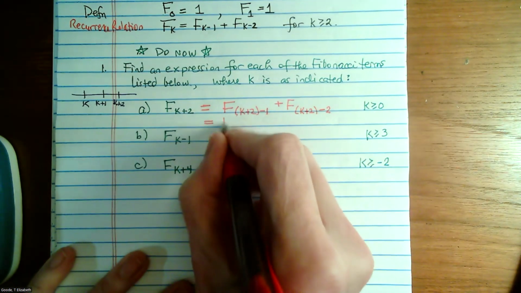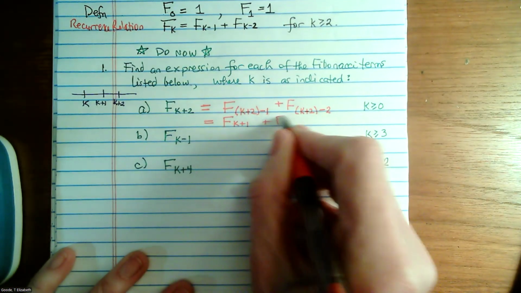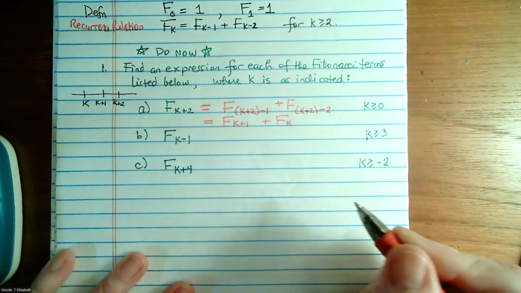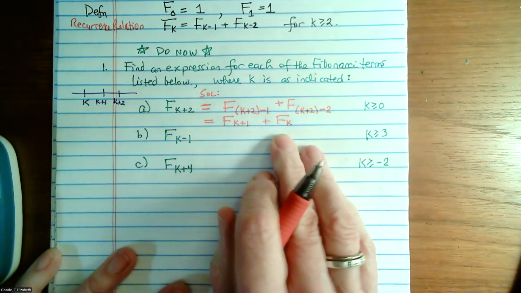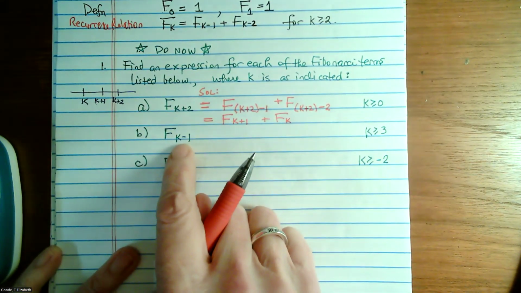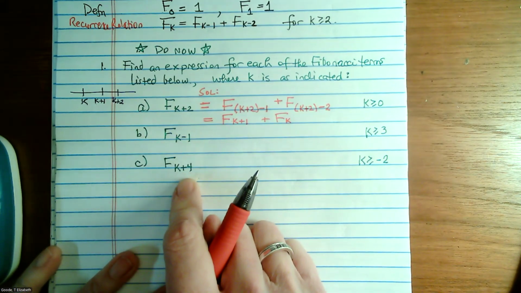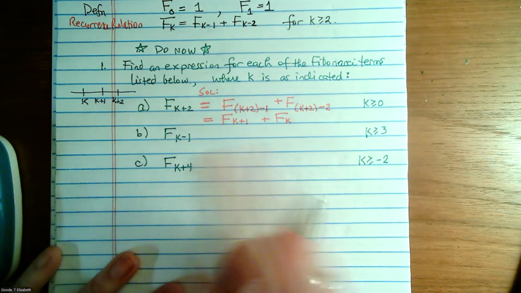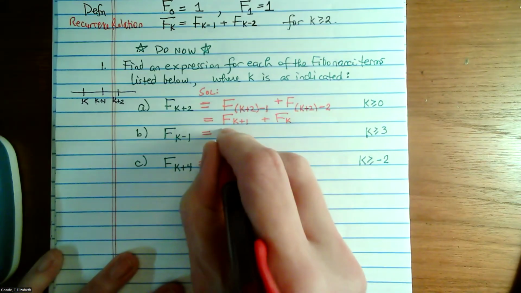So this is F sub K plus 1 plus F sub K. Okay. So if you didn't quite understand what I was asking for, I'm just asking you to try to write each of these as the sum of the two prior terms, doing the work inside the indexing variables. Okay, so you work on those two, and I will work on these two.